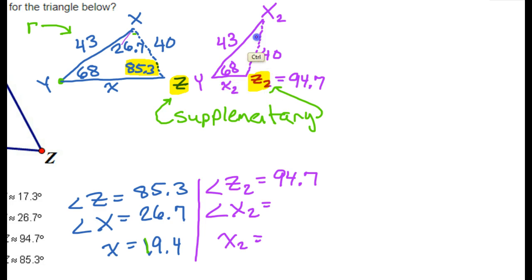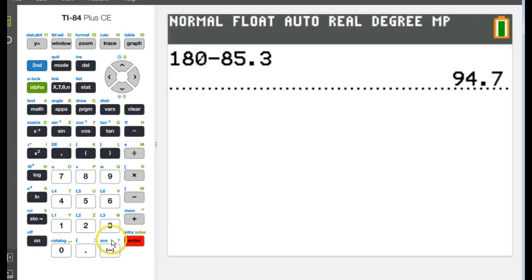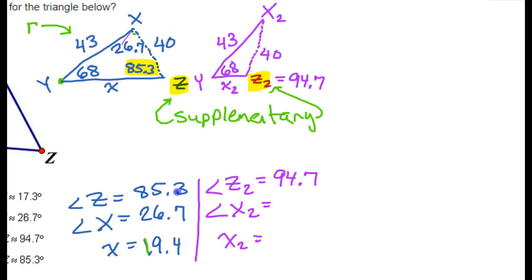Now we have 2 out of 3 angles, so we can subtract from 180 now. So now I can do 180 minus 94.7 minus the 68.